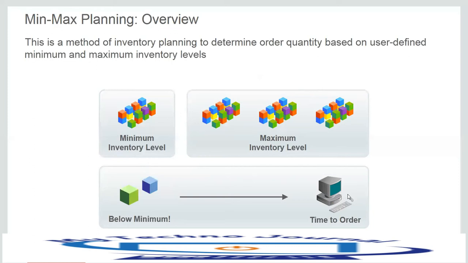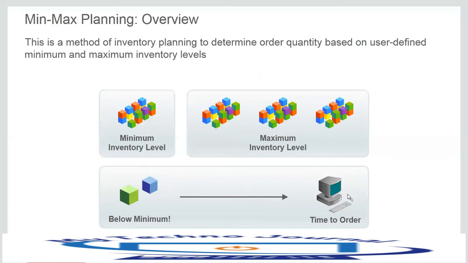To perform sub-unit level Minmax planning for an item, you must specify the item sub-unit level minimum and maximum quantities. To perform the Minmax planning at the organization level, you have to set the attributes at the organization level.